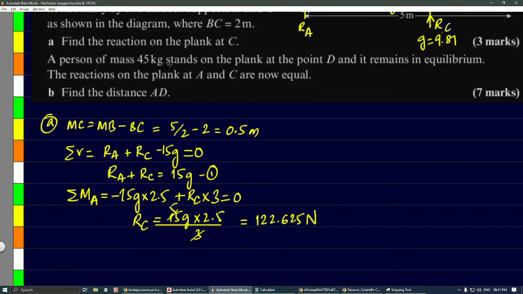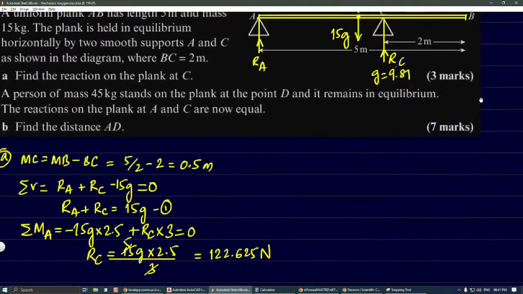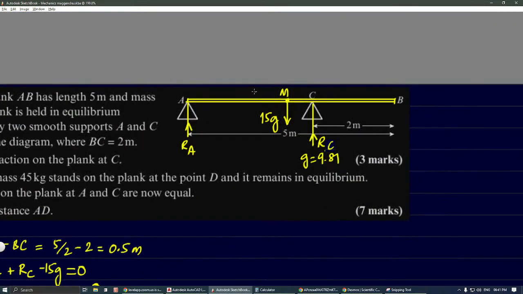Then a person of mass 45 kg stands on the plank at point D as it remains in equilibrium. Reactions of the plank at A and C are now equal. Find the distance AD. Let's say he's standing at D. So due to him, the load acting here will be downwards.